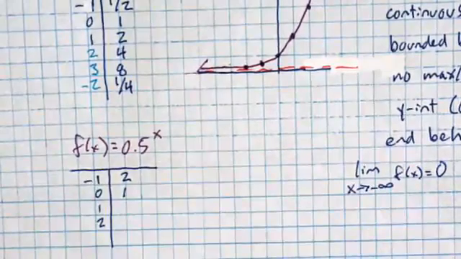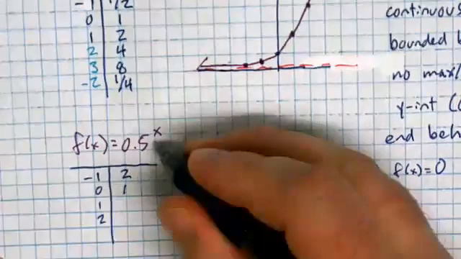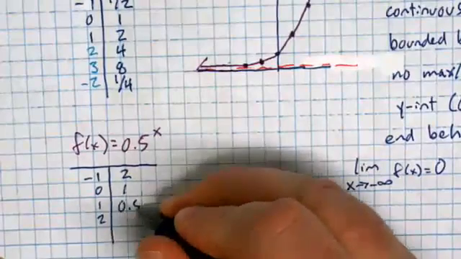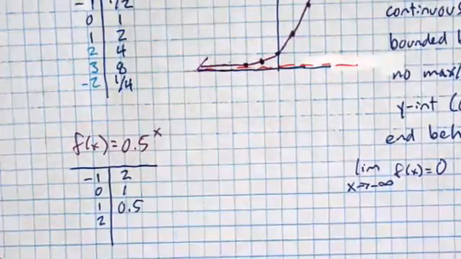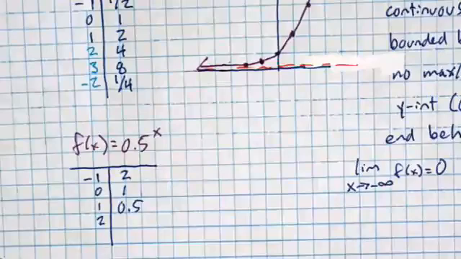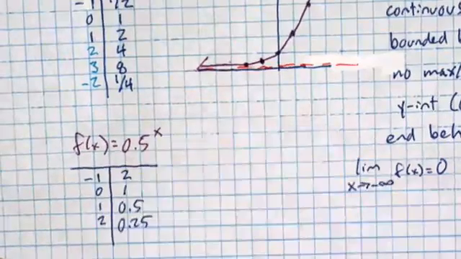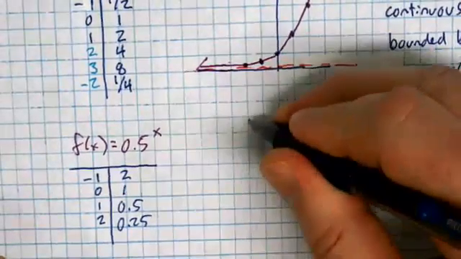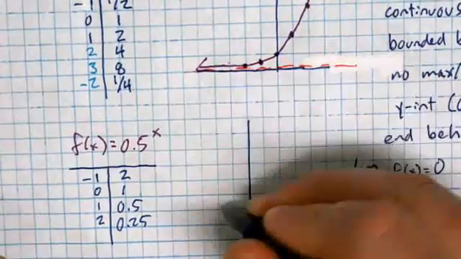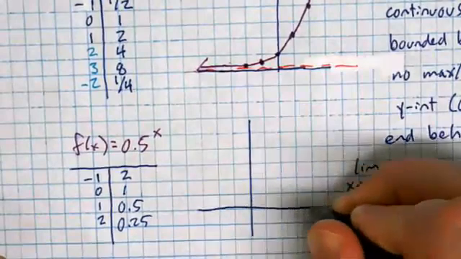Anything to the first power stays the same, so that would be 0.5. 0.5 squared is 0.25. 0.5 times 0.5 is a quarter. That should be enough for us to get a rough idea of what this thing looks like. I don't have any negative y's here again.